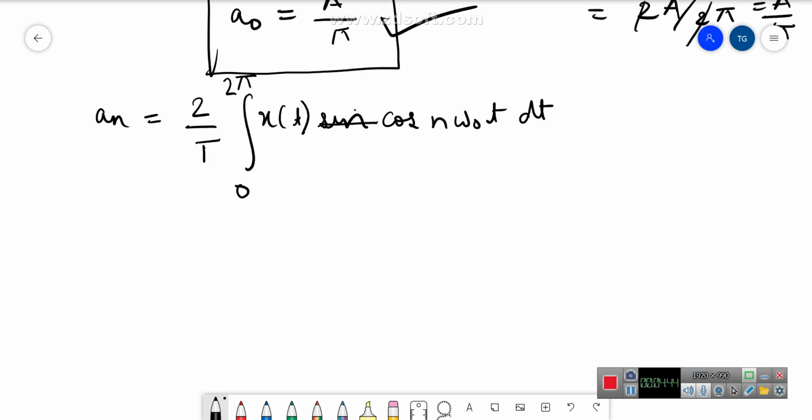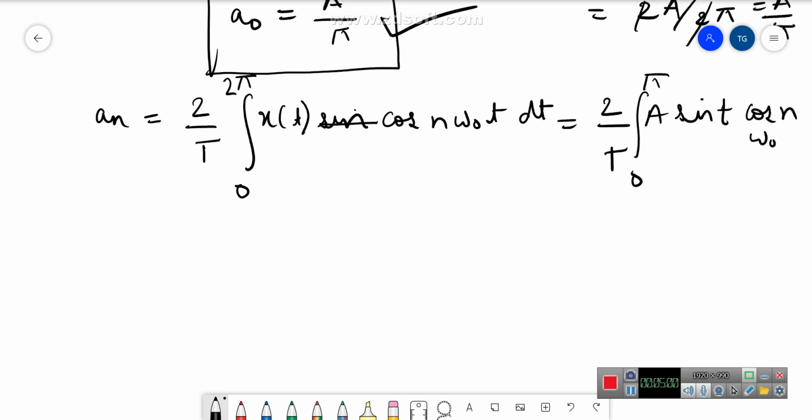So when we substitute the x of t value, which is A sine t for 0 to pi, we get A sine t cos n omega naught t dt. This equation becomes like this.